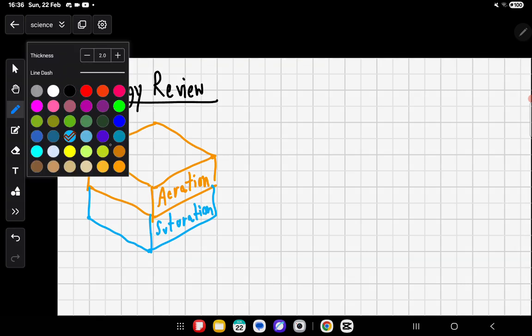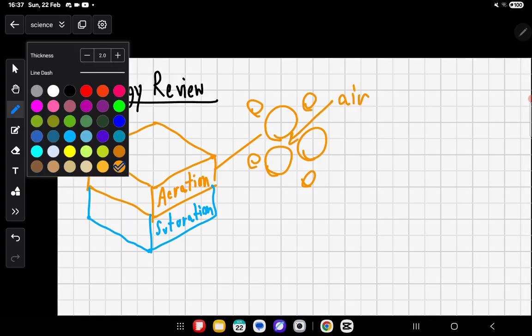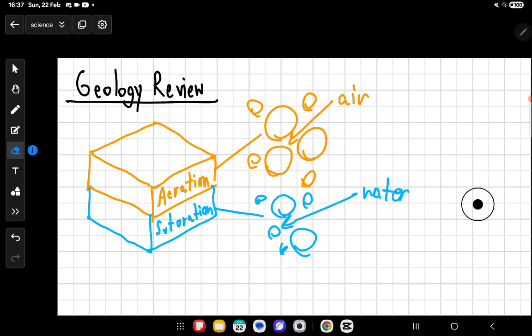So what's the difference between these two? First off, aeration is we have these particles, right? In between these spaces, there's air. For saturation, we have the same particles, but in between these spaces, it's getting filled up with water instead of air. So that's how zones in soil layers work.